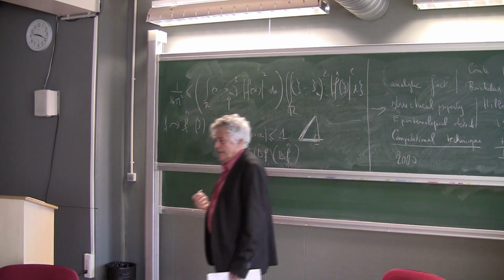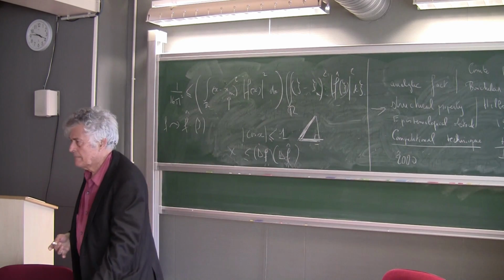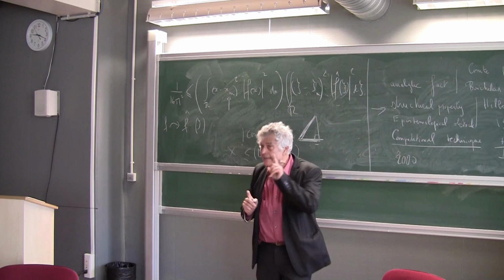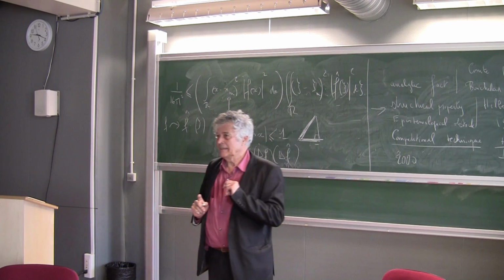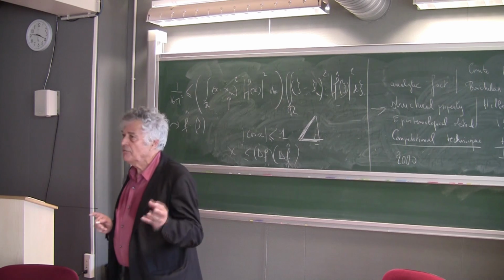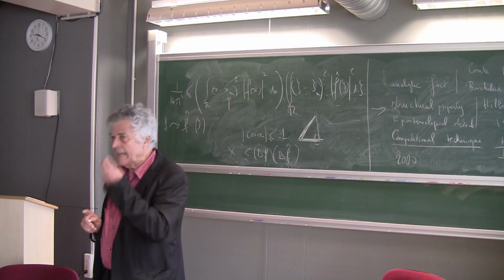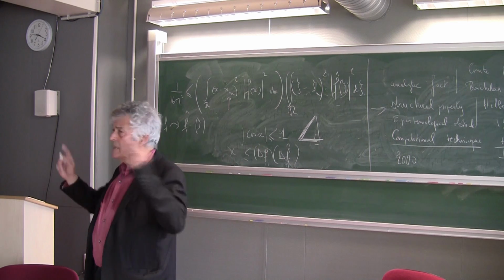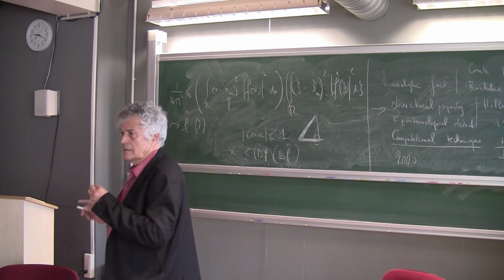Now, and this is my main point, to obtain, not to think of it, but to obtain that could have been done by Fourier. The mathematical technology doesn't depend on Hilbert space.